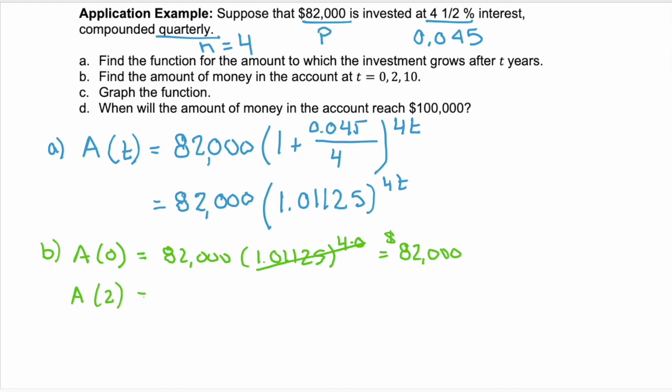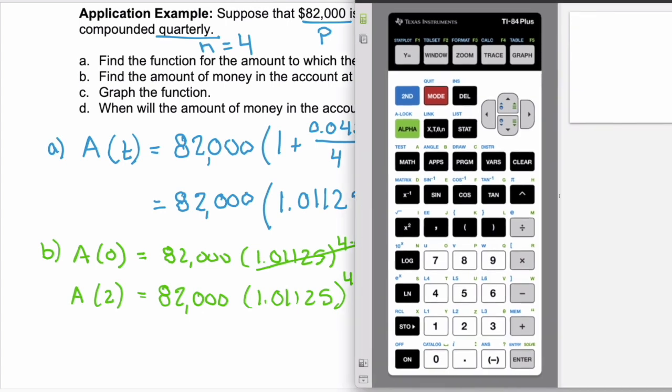Time 2 would be 2 years after investment. So we use that same function, except now our exponent is 4 times 2, or 8. You punch that into your calculator real quick. We can do this actually.